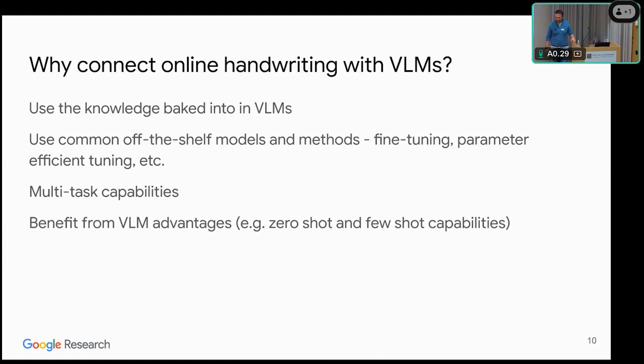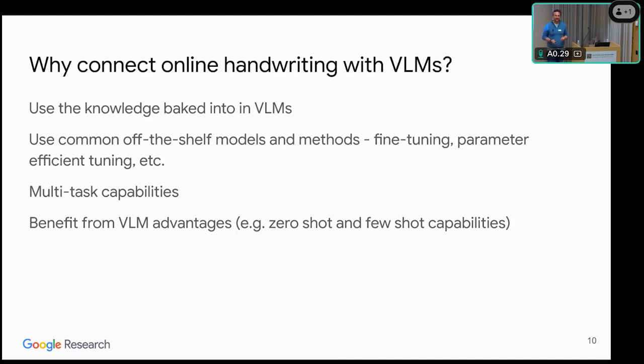Multitask capabilities: I mentioned earlier the different tasks that we wanted to solve, and these models are very good at solving different tasks. That's also something we wanted to take advantage of. And finally, they're also really good at zero-shot and few-shot capabilities.